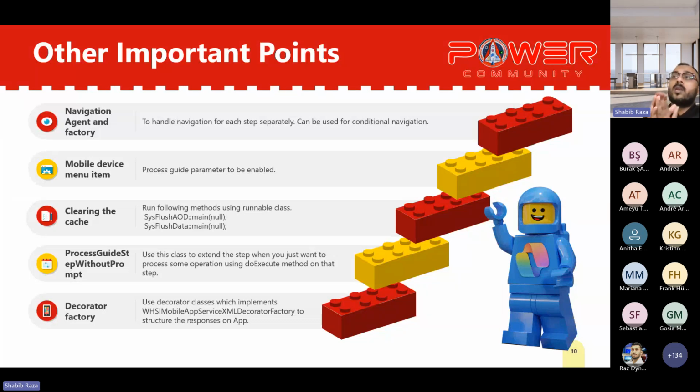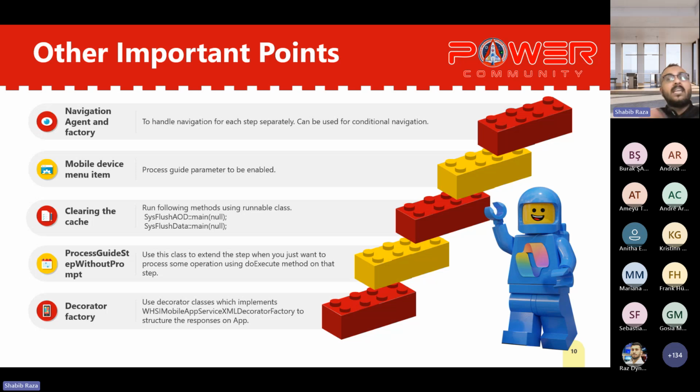Once we have developed all the classes, all the steps, controller, everything, then we have to navigate to the front end application, and there we have to create the mobile device menu item. When we create the mobile device menu item in the finance and operation application, then we can see that menu item in the mobile device. I will show you in the demo how to create the mobile device menu item as well.